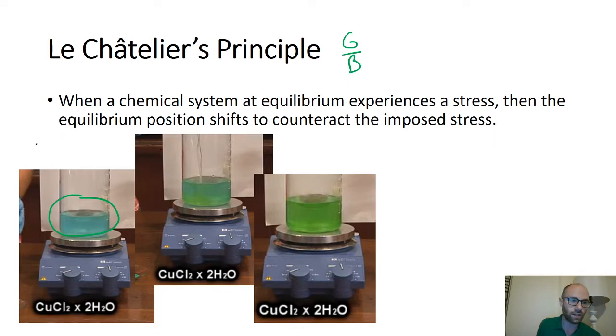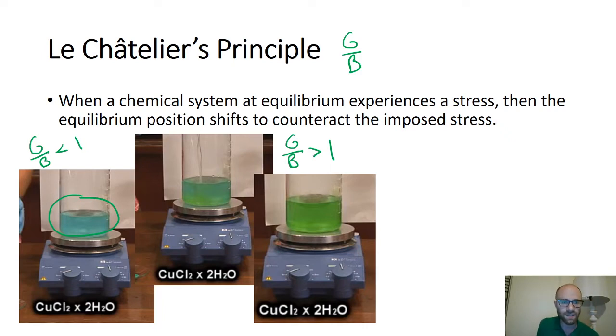Over here, we would say that the green to blue ratio is much less than 1 because the solution's blue. There's so little green in there that you don't even really see it. And in the solution on the right, I would say that the green to blue ratio is greater than 1 because it looks green.